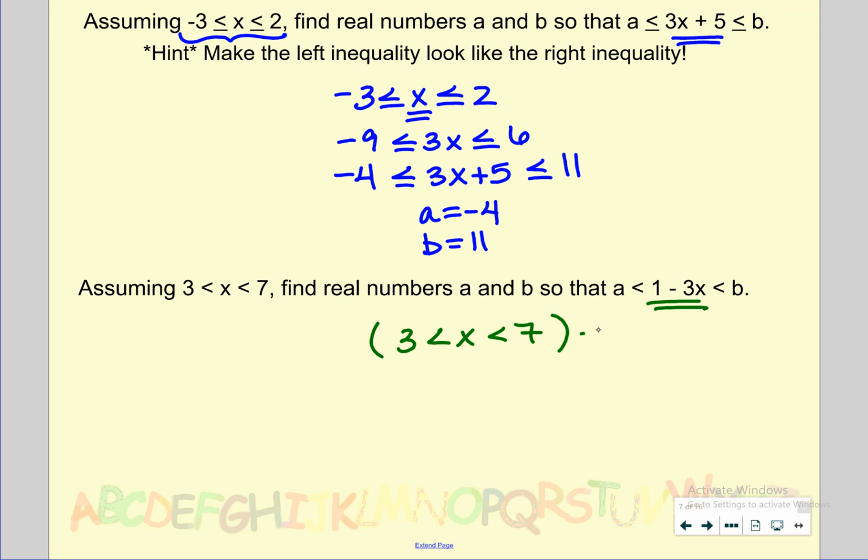And if I multiply by a negative, what's going to happen in my inequality? Multiply or divide by a negative, what happens? Sign flips. -9 greater than -3x greater than -21. Then what else do I have to do to create that 1 minus 3x?